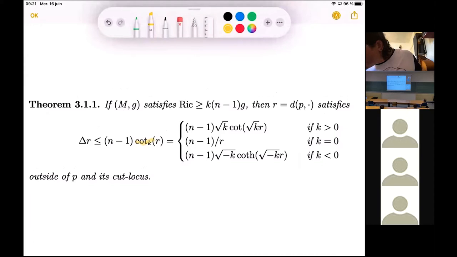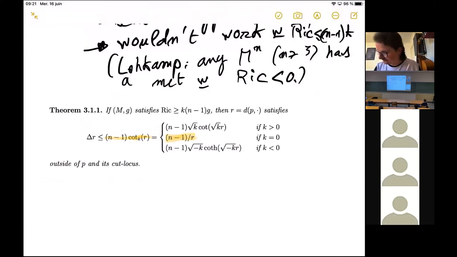Maybe it will be enough for the rest of the lecture to focus on the case where it's less than n minus 1 over r, which is what it is in the Euclidean case, if we have a non-negative Ricci curvature.